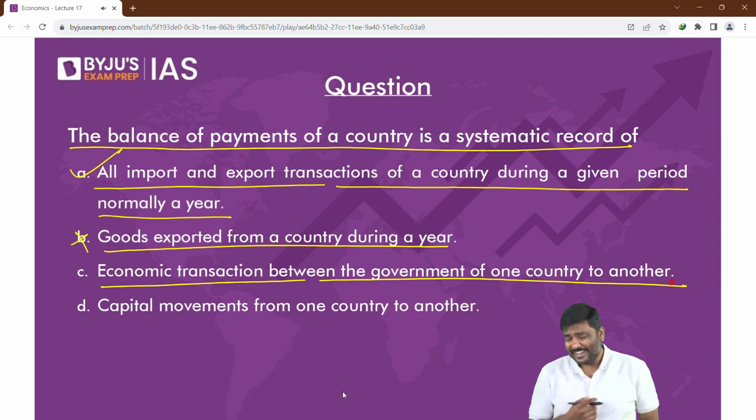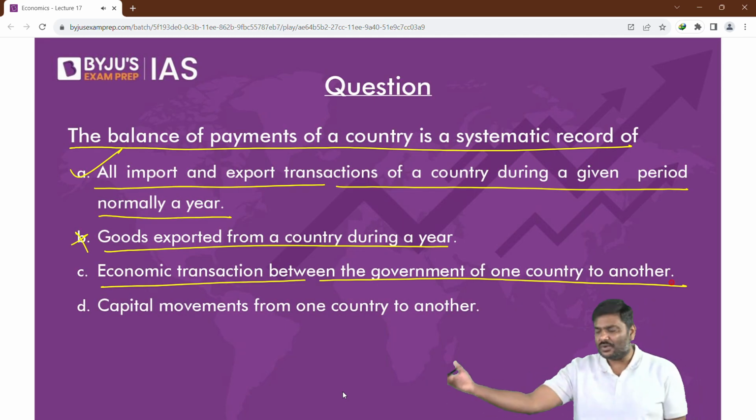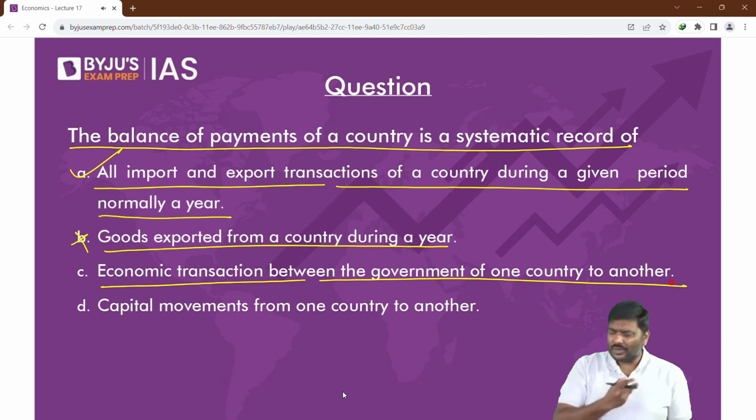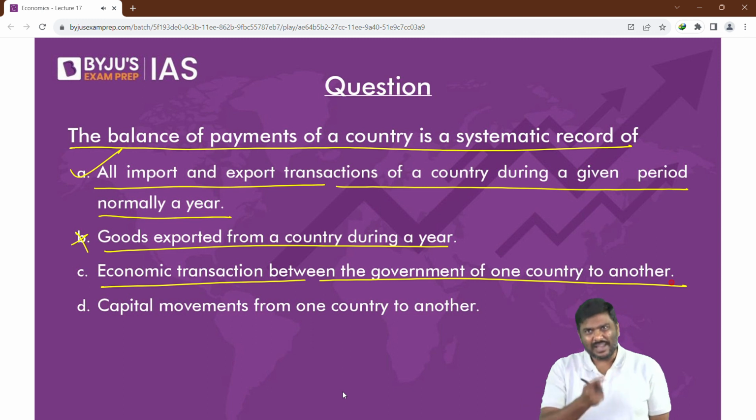Economic transaction between the government of one country to another. My dear, what about ECB? Many of you are asking why not C? You tell me why should you choose C? Do you think balance of payment is a transaction between one government with another government? Please think before asking me this question or even answering this question in the UPSC.